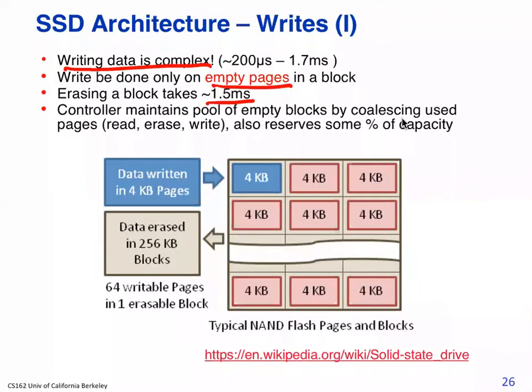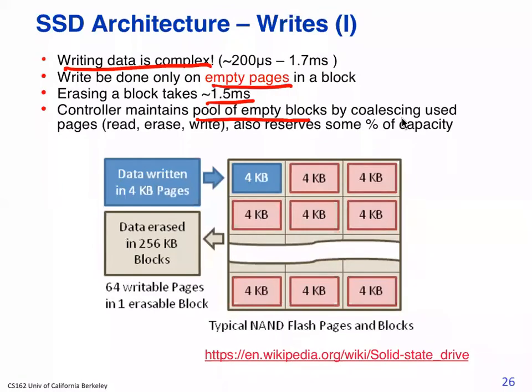Now in order to do this, the controller has to maintain a pool of empty blocks by combining or cleaning up, or garbage collection, of all these pages that were in use, that have to be deleted, and something that can be moved out. That operation that the controller has to do is a lot of work.